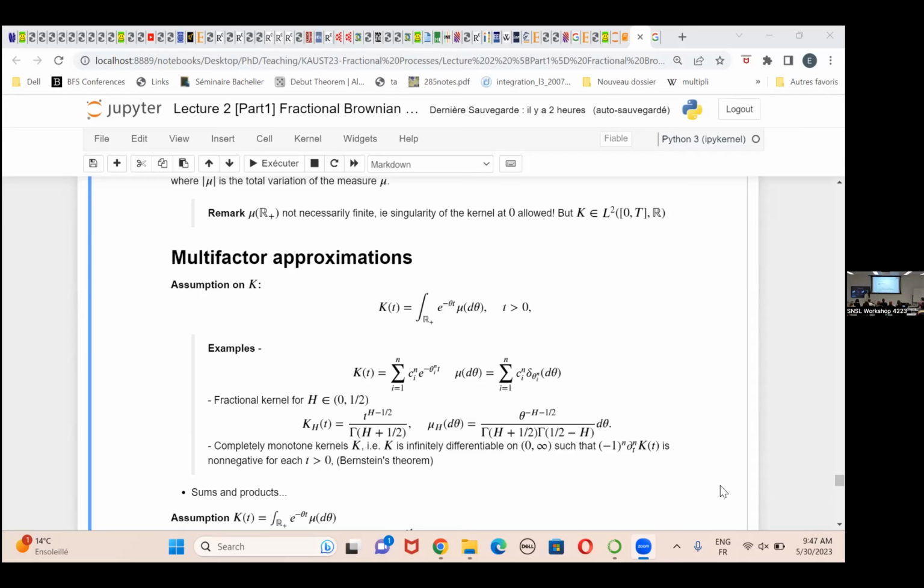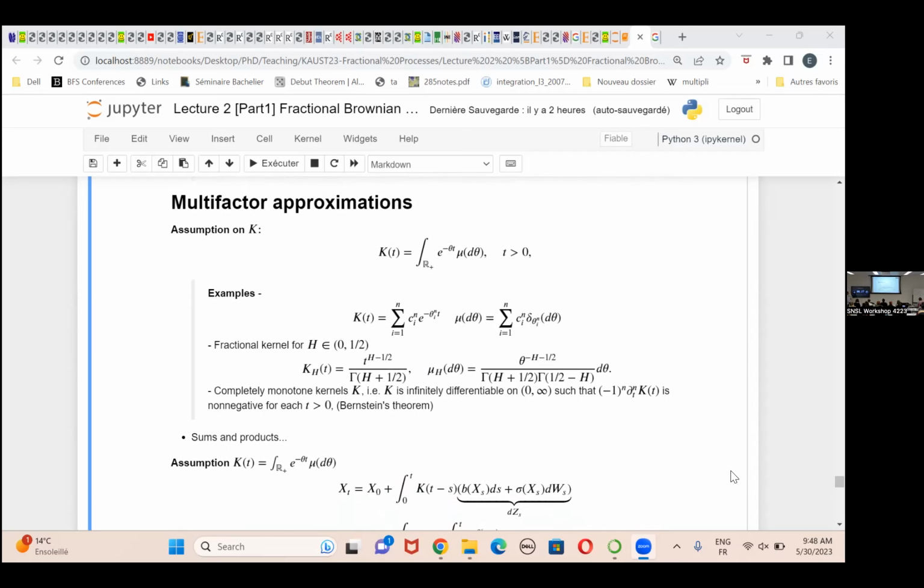Sums and products of completely monotone kernels are again completely monotone, and so they admit this representation. So it's not so restrictive; it's a very rich class, at least among convolution kernels. Let's see now how we can exploit this idea.